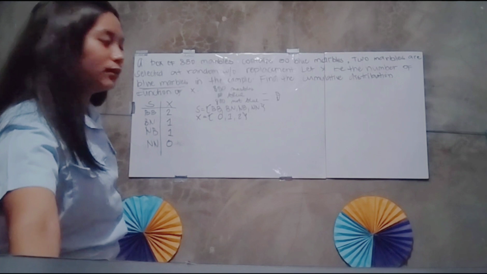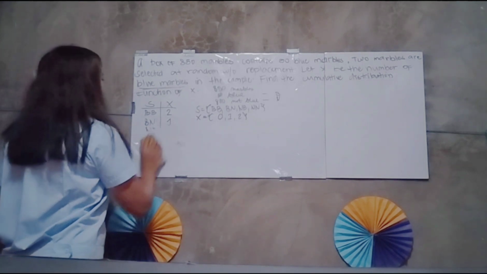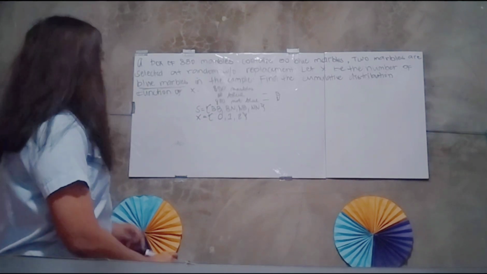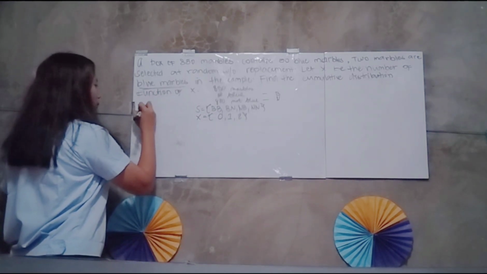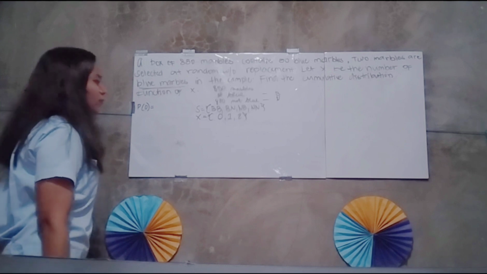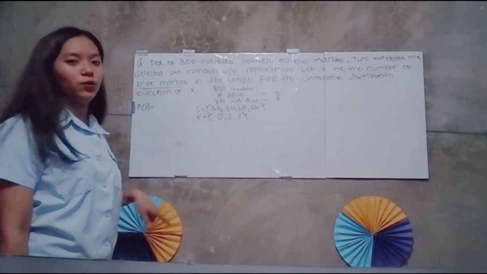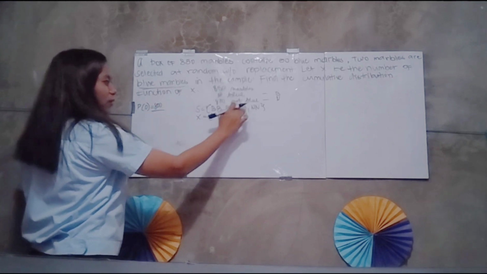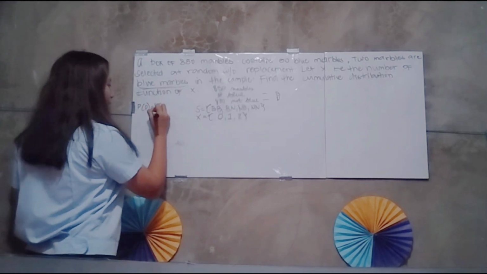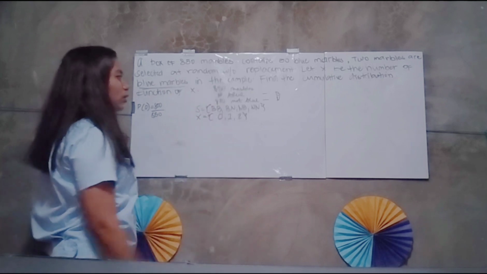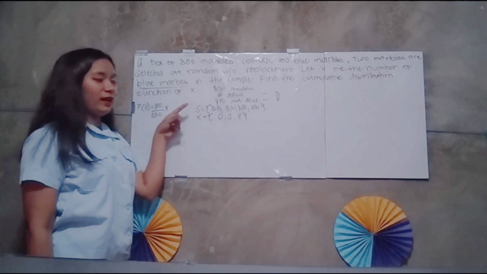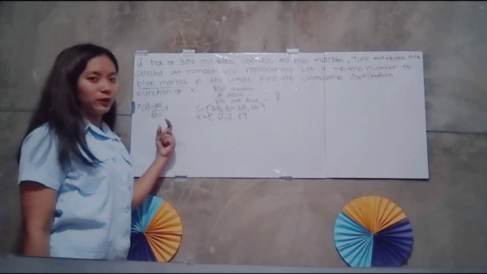Now, to calculate the probability of this random variable, let's say P of 0 is equal to NN. So we have 800 not blue over 850, the total number of marbles, multiplied by 799 not blue marbles. Why?